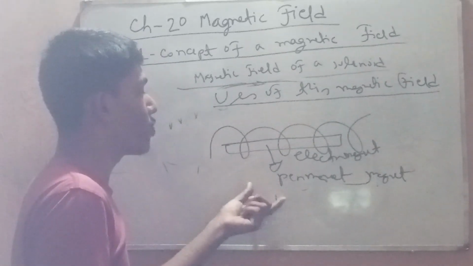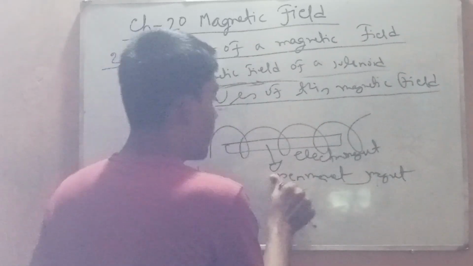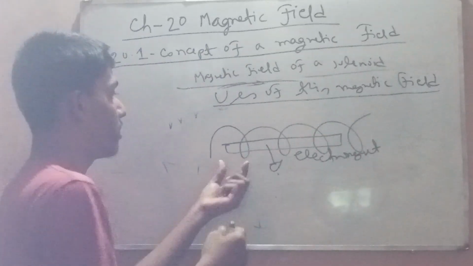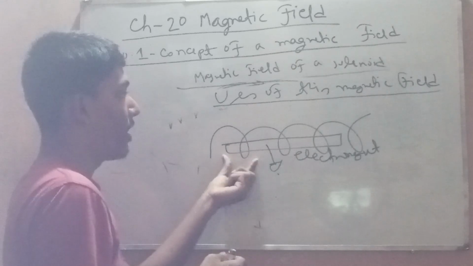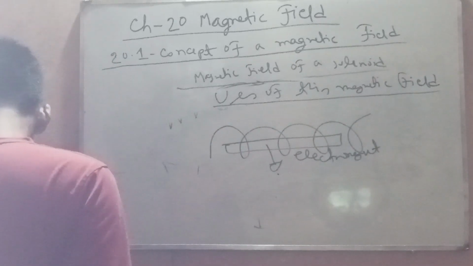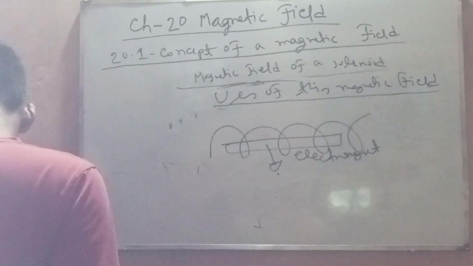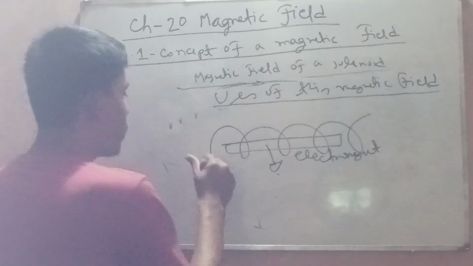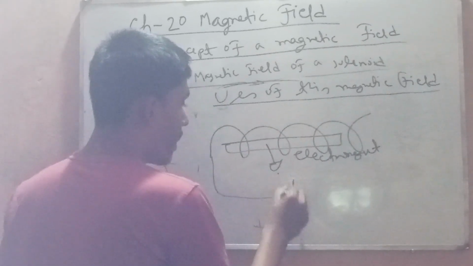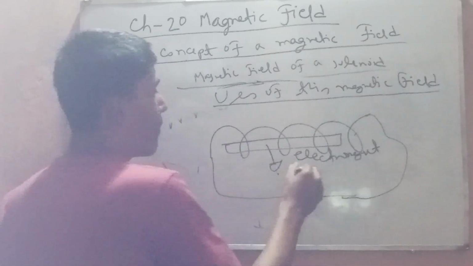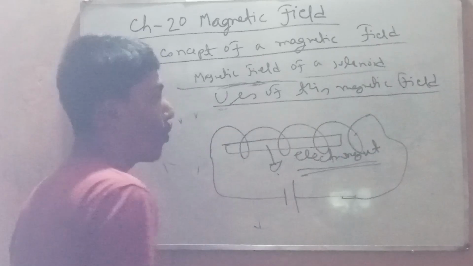It will also be used to make permanent magnets, and if we place an iron bar inside the coil, then the iron bar will act as an electromagnet. If we disconnect the battery, then the magnetism of the electromagnet will be lost.